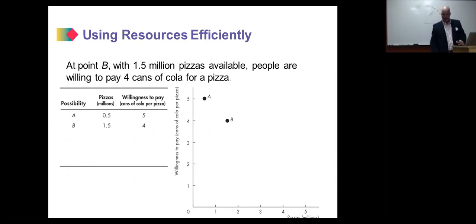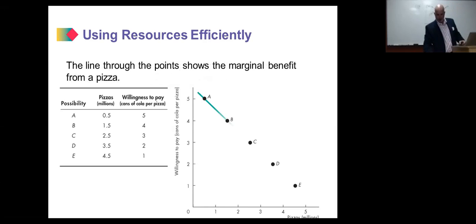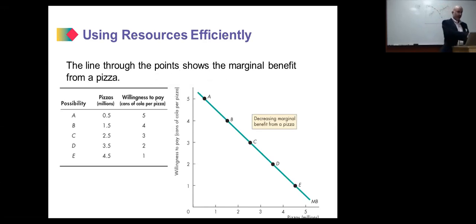Now, at point B, we say that 1.5 million people are willing to pay 4 cans of cola per pizza. And go ahead and put point C, D, and E up here. And we can see what people's willingness to pay is.